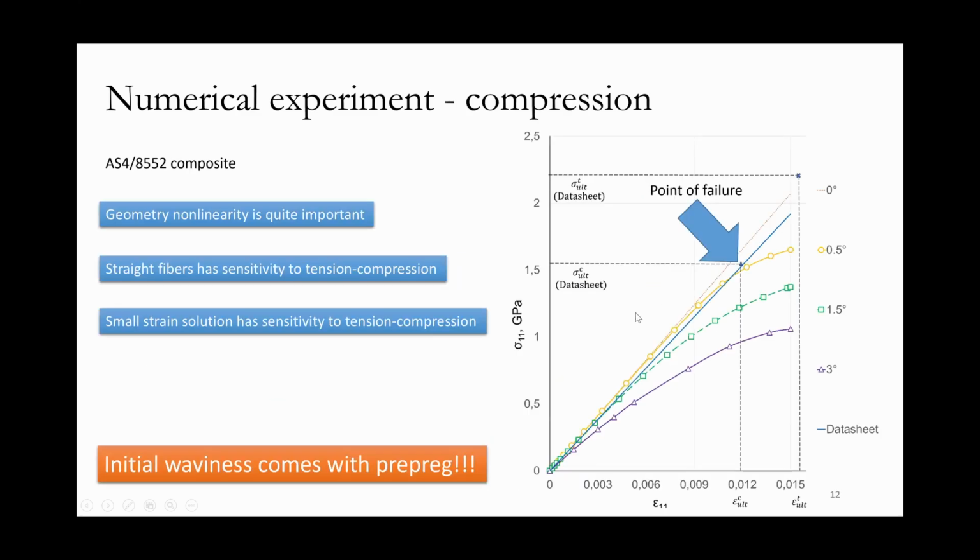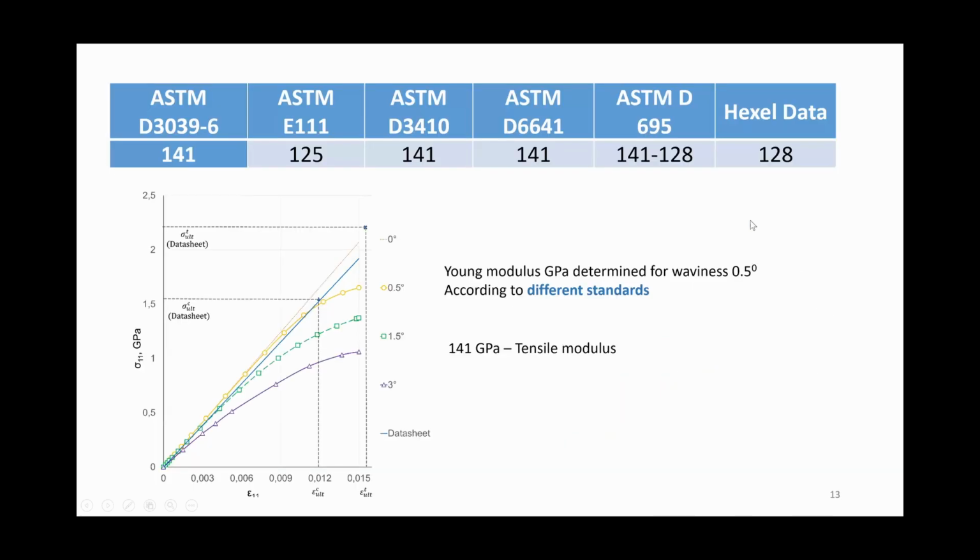And in case of compression, it's very interesting result. So if we have no waviness, 0 degree, we have straight lines. I would say if we don't use finite strain theory, we also have straight lines.